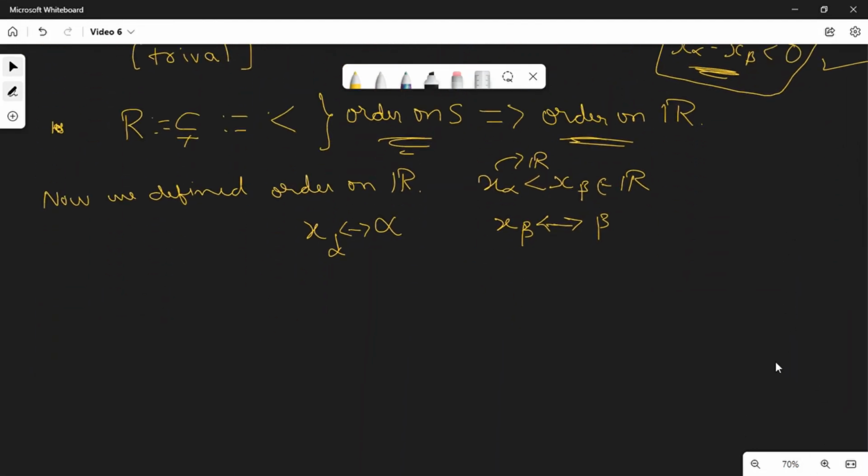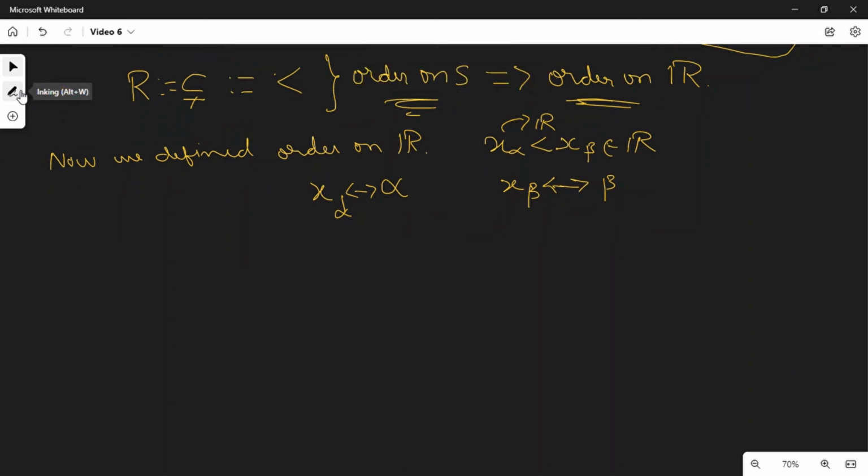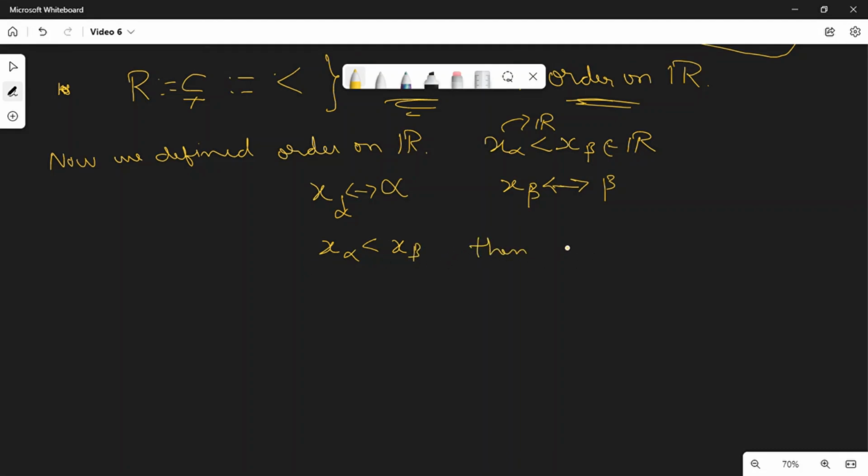If you want to say x alpha is less than x beta, then it should be like alpha less than beta, or alpha is a proper subset of beta.